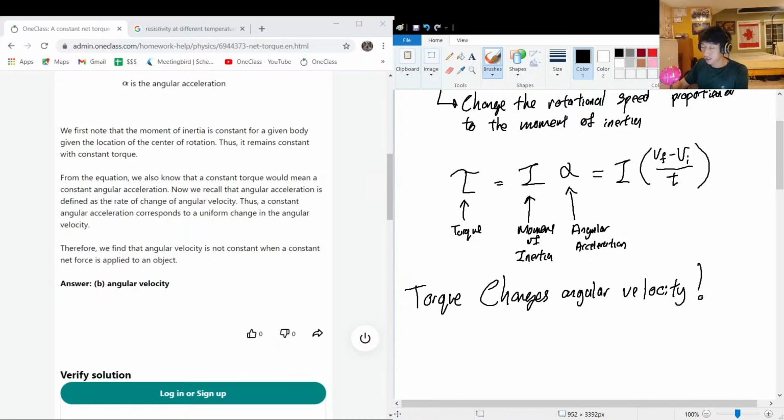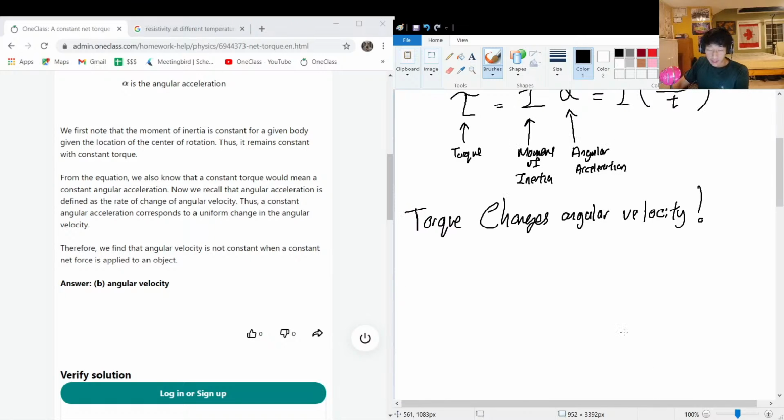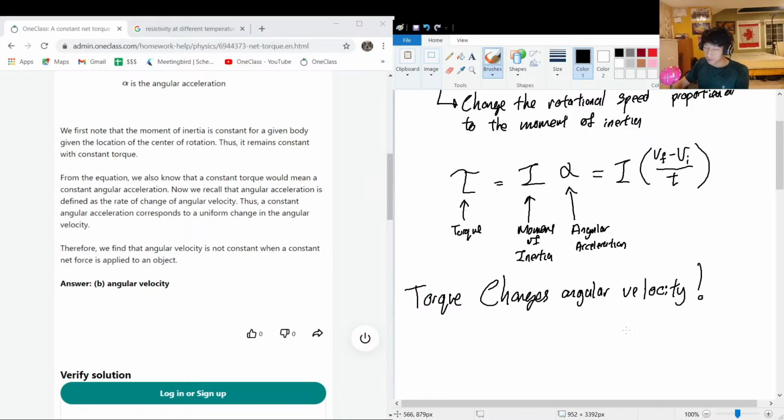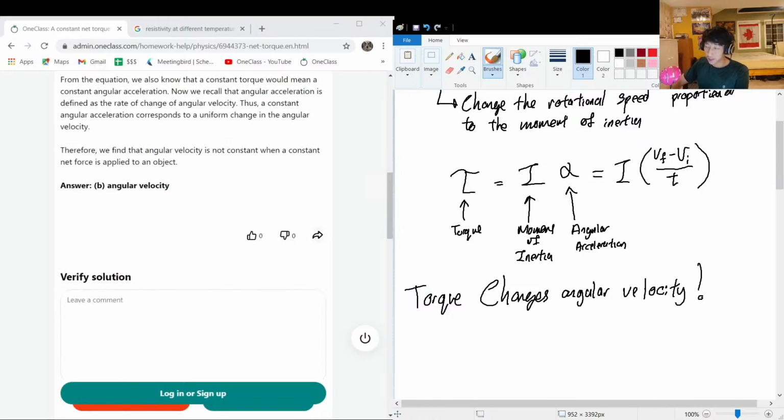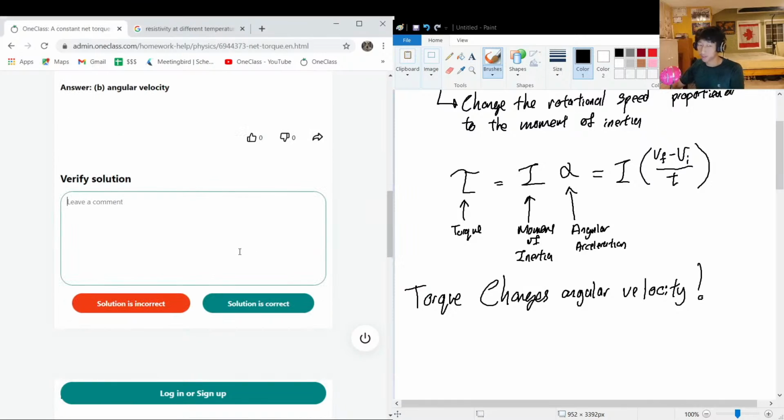Ain't that a beautiful thing? Yeah. So anytime you start spinning, you're giving yourself a torque. Anytime you stop yourself from spinning, you're also giving yourself a torque, but an anti-torque that's slowing down your angular velocity. So yeah, the above solution is good. Beautiful.